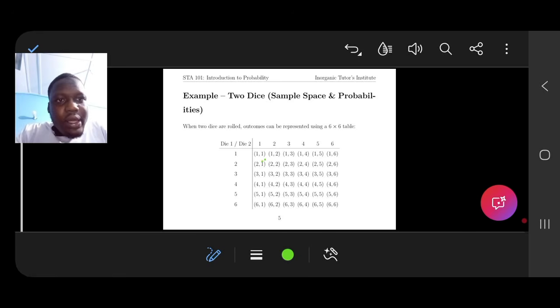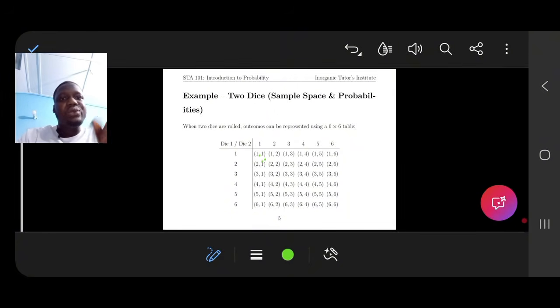We determine 1 1 by matching the outcome of the first die with the outcome of the second die, both being 1. So you get 1 on the first die, you roll again, you get 1. That's what we have as 1 1 here.